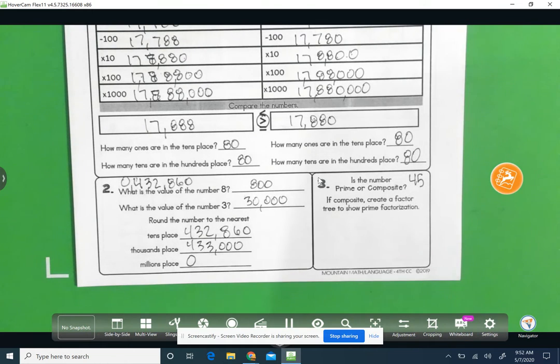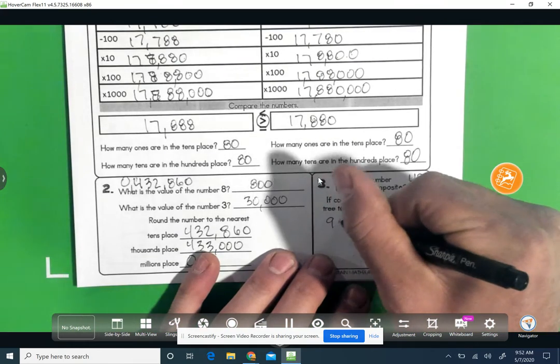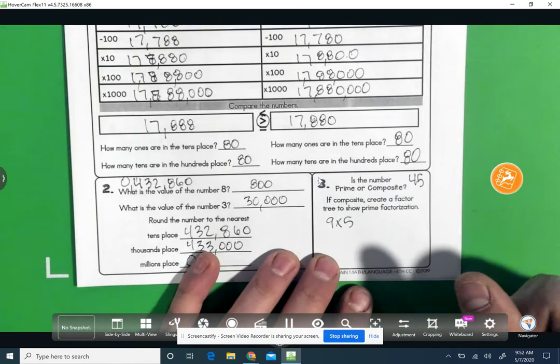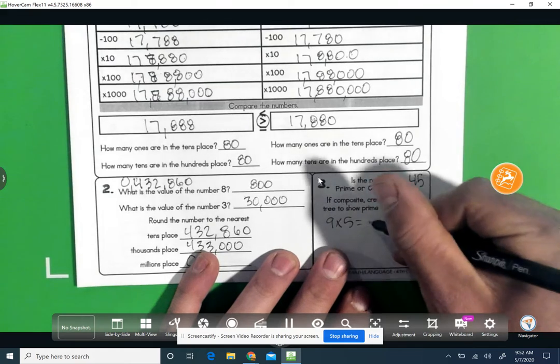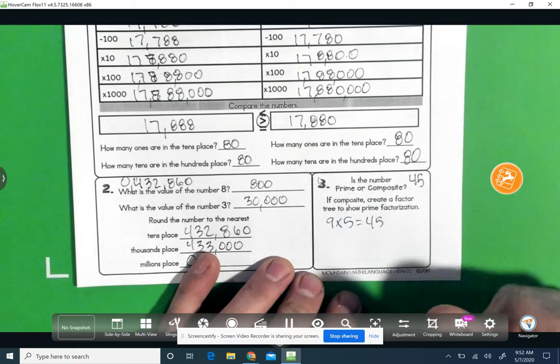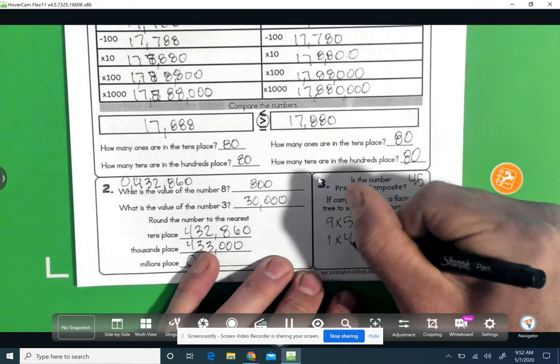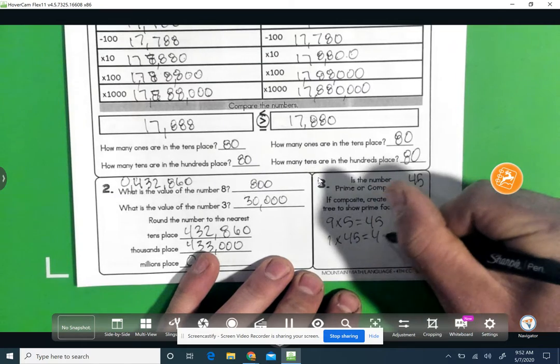All right, number 3. We need to find out, is it a prime number? And immediately, I know it's not a prime number because I know a basic fact that equals 45, and that is 9 times 5 is 45, and likewise 1 times 45 is 45.